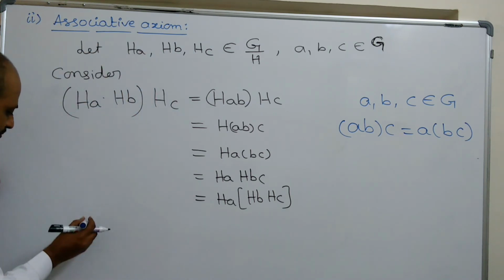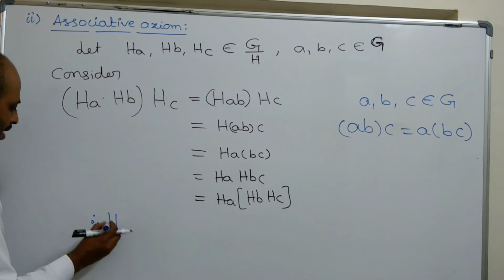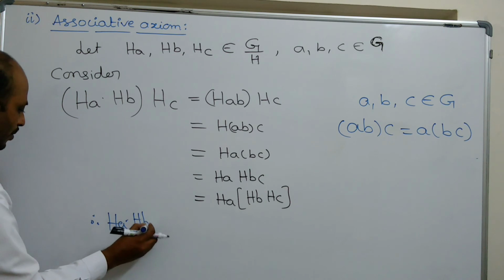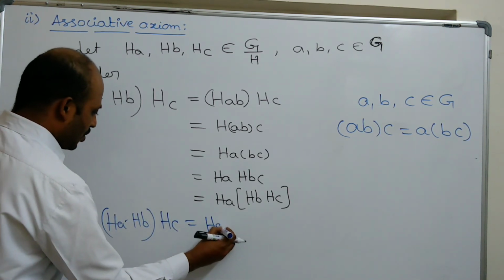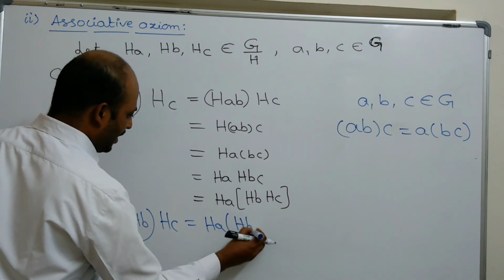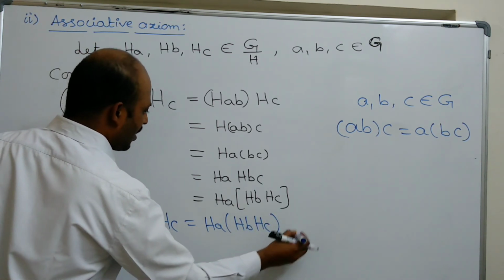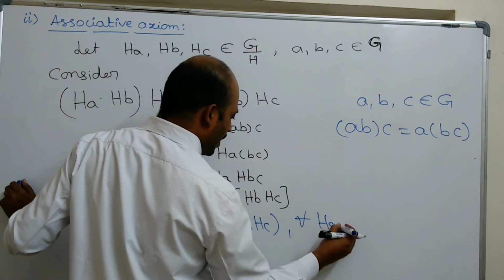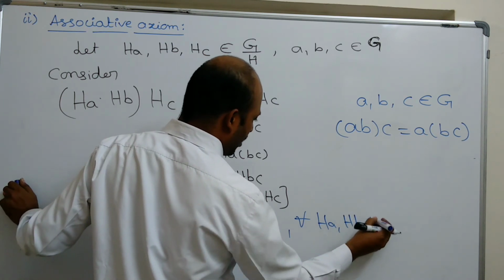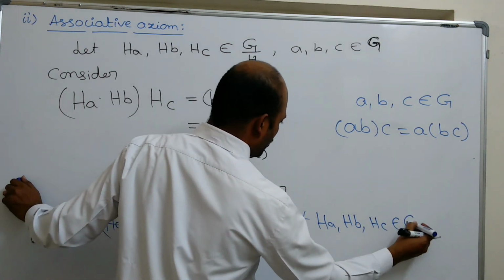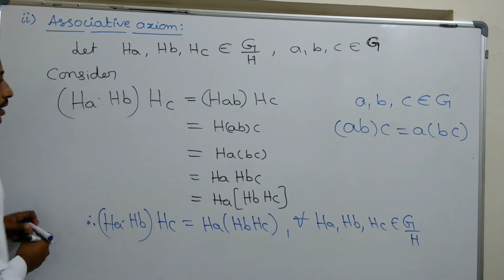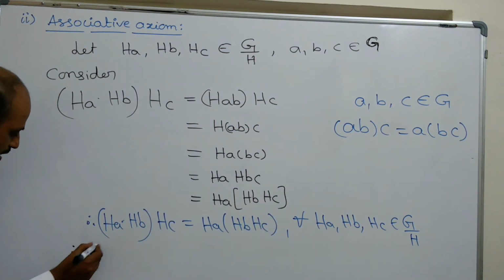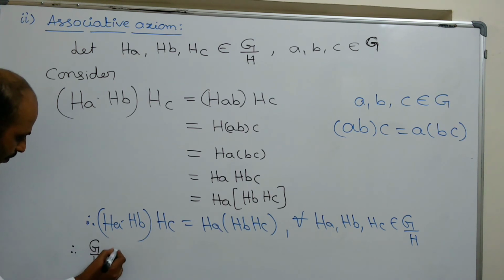Now you observe that (HA into HB) into HC is equal to HA into (HB into HC) for all HA, HB, HC belongs to G by H. Therefore, we conclude that G by H satisfies the associative axiom.